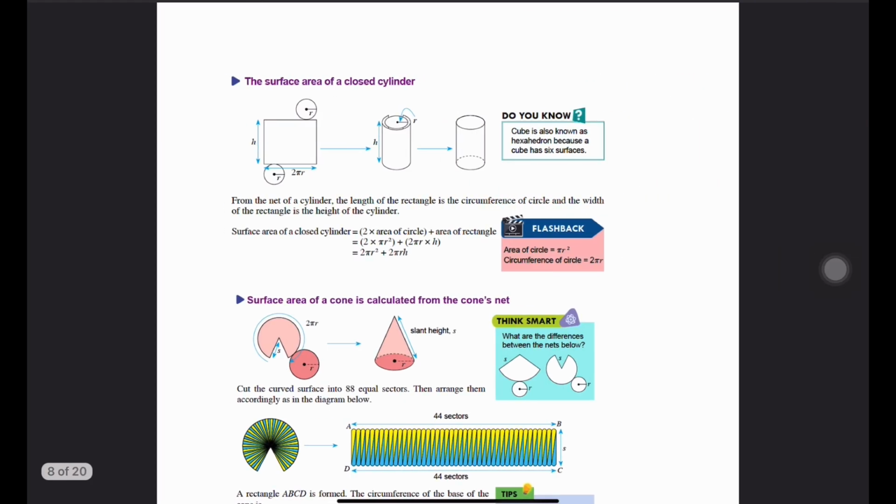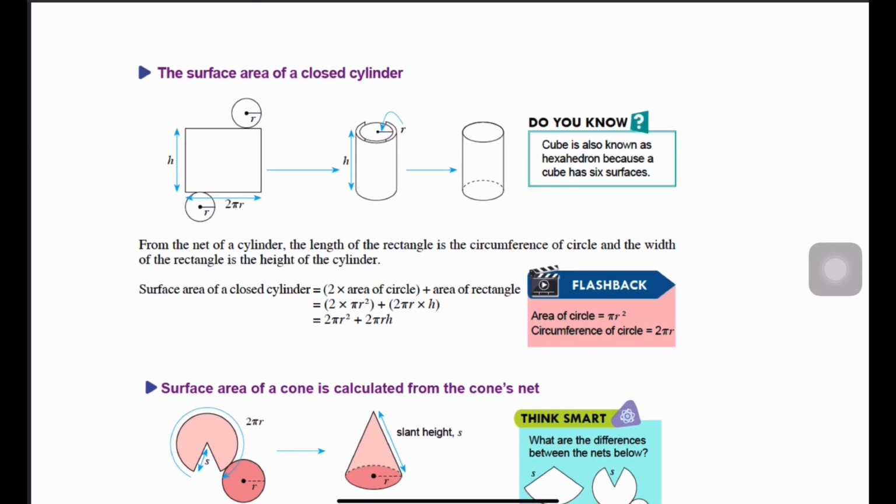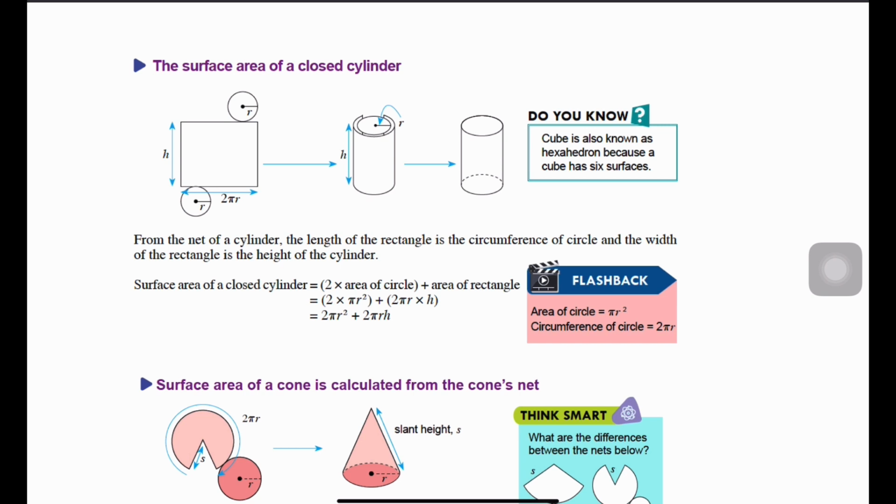But in this subtopic, it explains to you more about the formula for the surface area of a closed cylinder. We know that this is the net of the cylinder. Ini adalah net bagi silinder, betul? Bila kita buka silinder, kita akan ada dua bulatan dan satu segi empat.